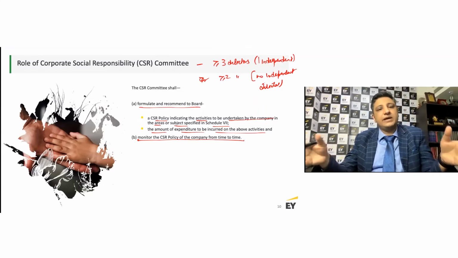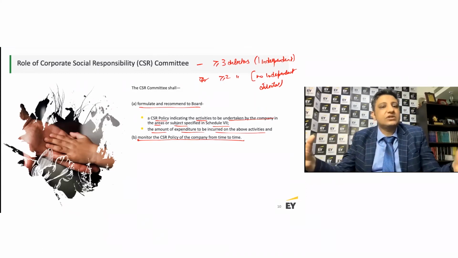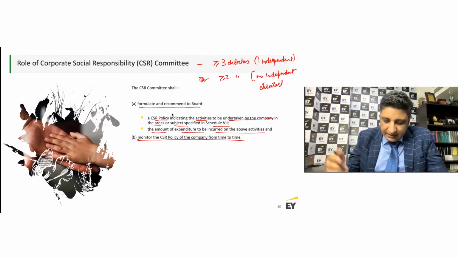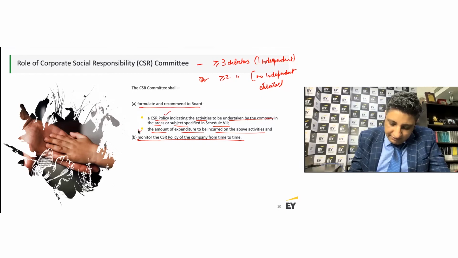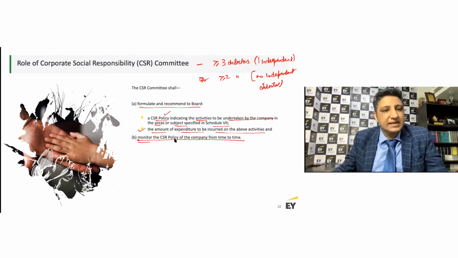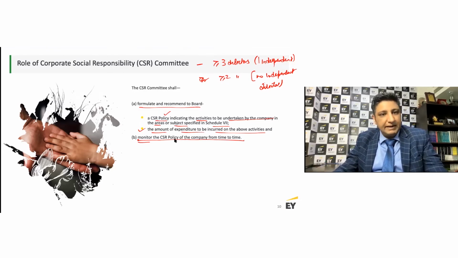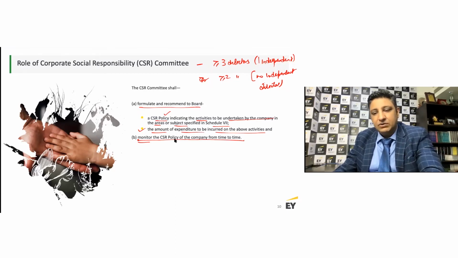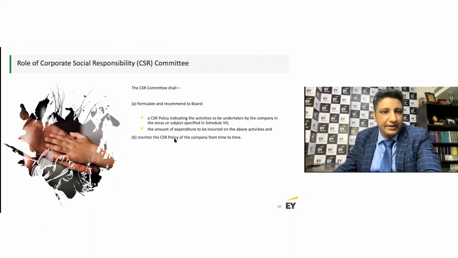That's where you start looking at the relevance in terms of fixation of the responsibility of that committee. Now, what is the committee doing? Of course, they need to formulate a policy and define the expenditure, and also they need to monitor whether this policy is being followed from time to time. Of course, they can always raise the hand, they can always go back to the board and discuss that this is not being followed, because end of the day, it's a compliance requirement to be done.